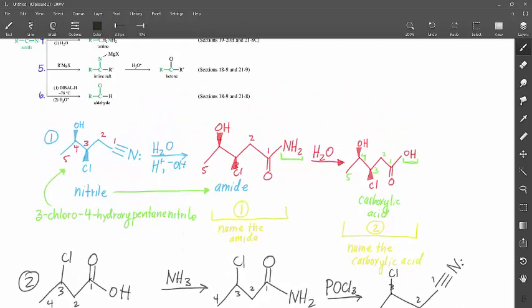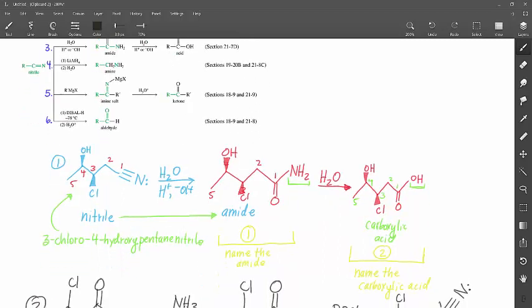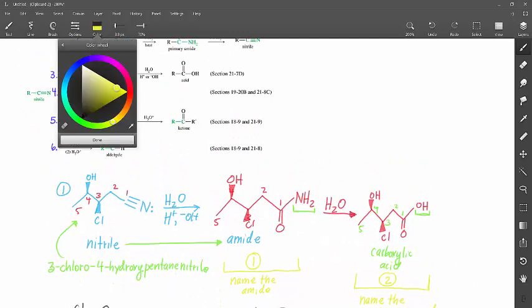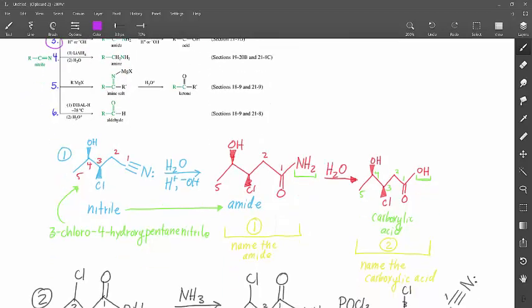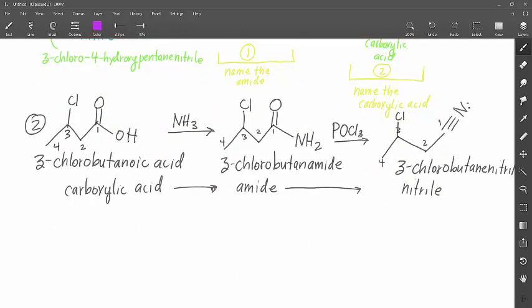So let's look at 3, which is the same as 1, but for number 3, I'm going to give you the reagent. I'm going to give you this reagent.